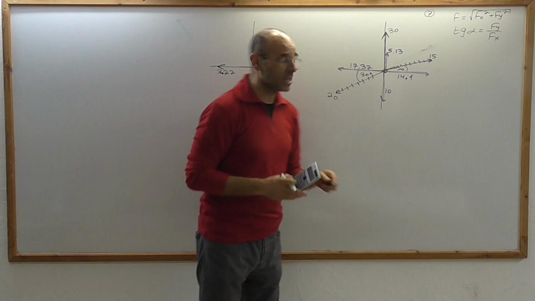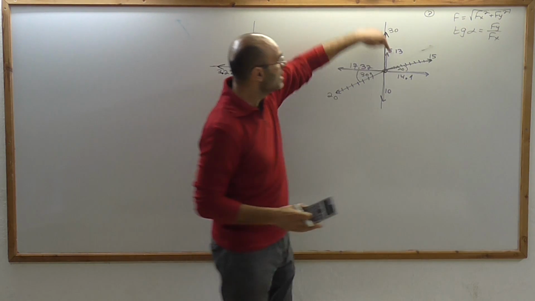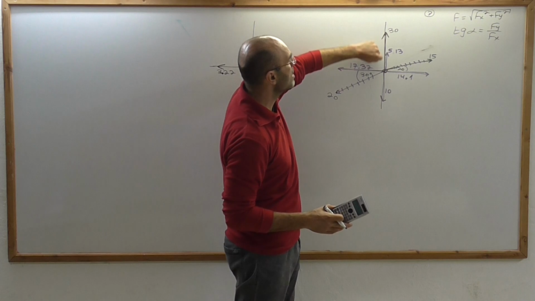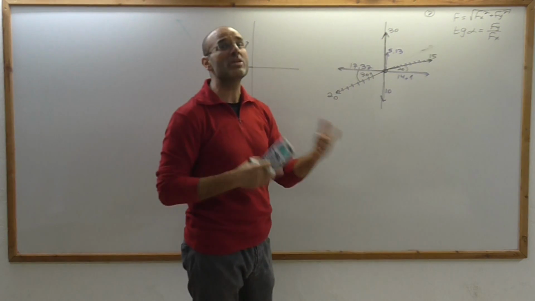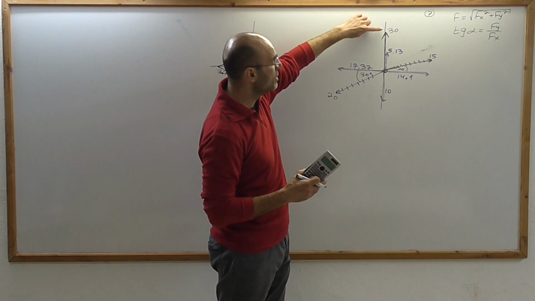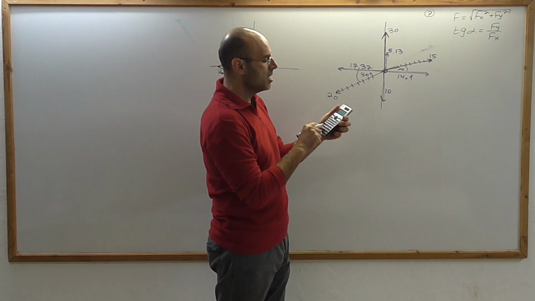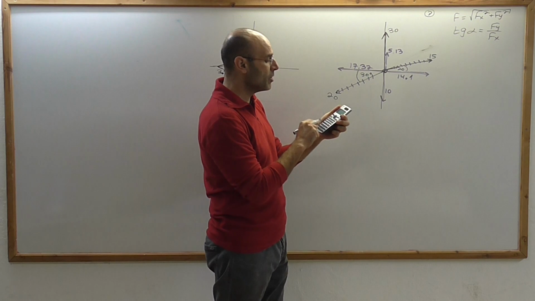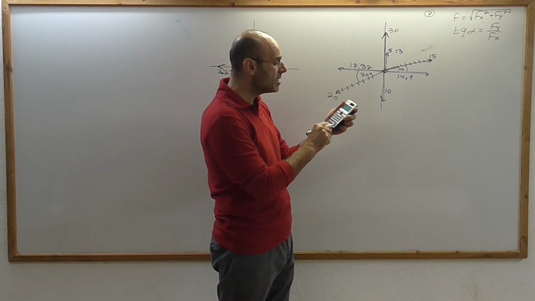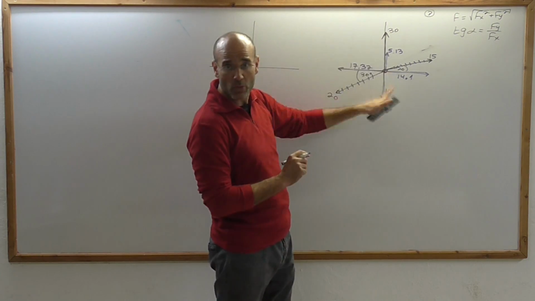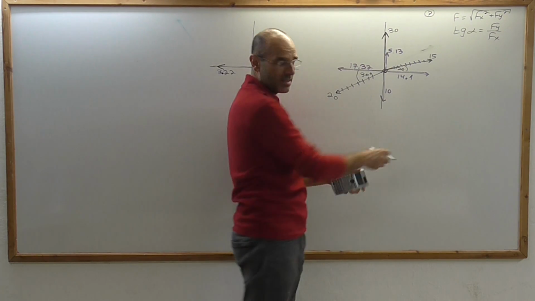At the y direction, more vectors. Someone pulls it at 30, someone else pulls it at 5, someone else pulls it at 10. So what will the ball feel? It will feel 30 plus 5.13, these two, I add them up, minus 10, and this direction will win because it's stronger than the 10.